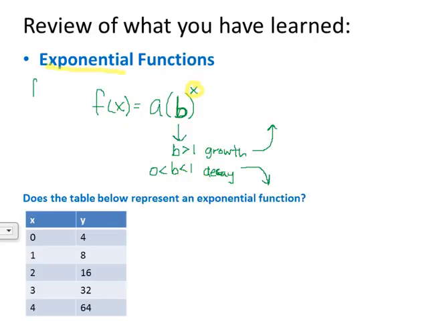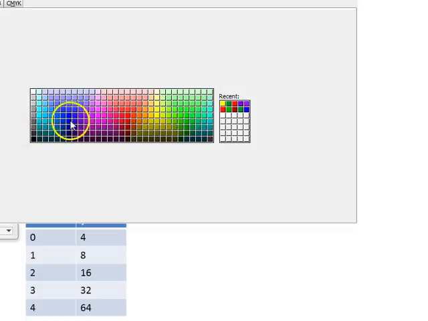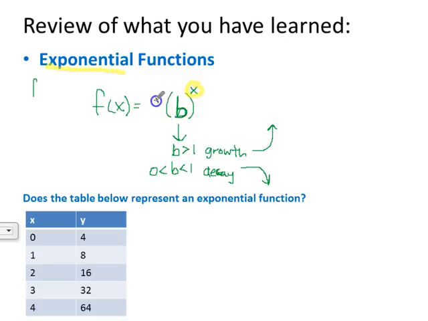And then we also have the number that we can substitute in for A. This represents our starting point, or we can think of it as the initial amount, initial population. It's our starting point. So let's do a little example.